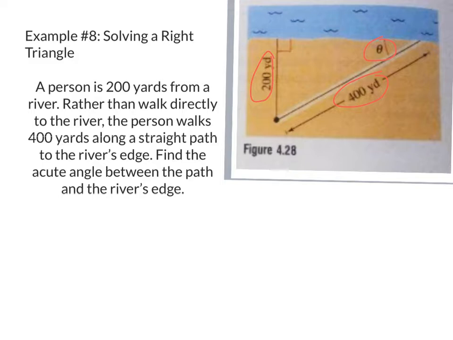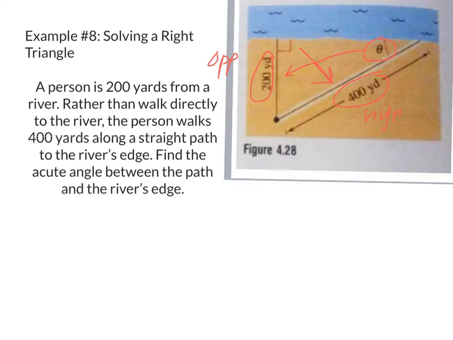Now, what will be helpful is if we understand the relationship between 400 and this angle theta. Since 400 is directly across from our right angle, then 400 yards is considered the hypotenuse, okay? And the side that's directly opposite of our angle, remember, is always called the opposite side.